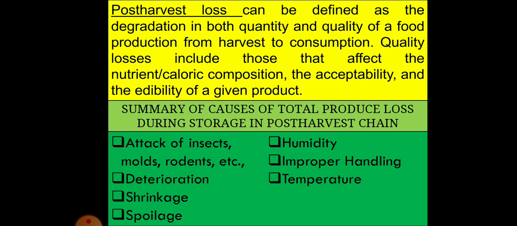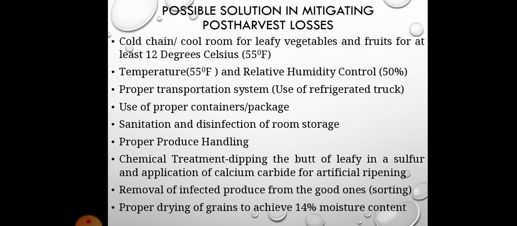So we have here possible solutions in mitigating those post-harvest losses that we mentioned earlier. For a post-harvest practitioner, it's very important to control the relative humidity and the temperature, at least 12 degrees Celsius, or that is 55 Fahrenheit, and the relative humidity must be controlled at 50%.